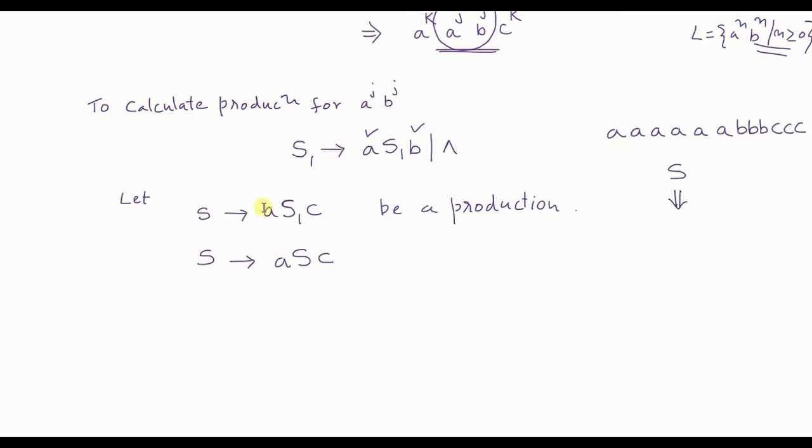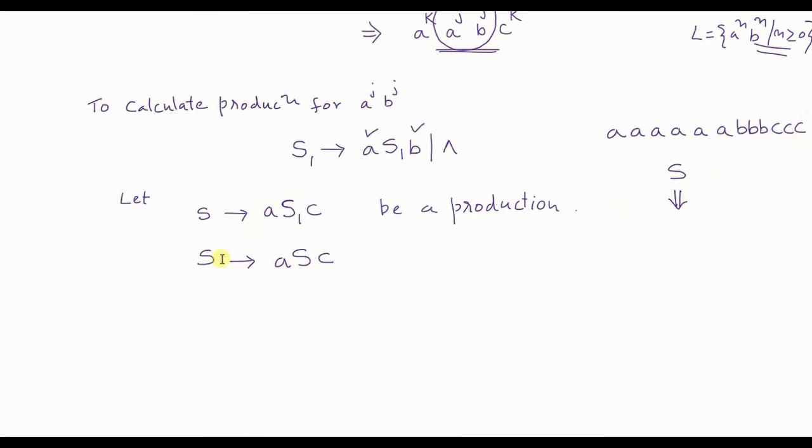Now S, you can either replace S with A, S1C, or you can replace S with A, S, C. The logic behind me choosing this one and not this one is that the number of A's and C's is not just one A and one C. There is no one pair, but there are actually 3 pairs of A's and C's that have to be matched.